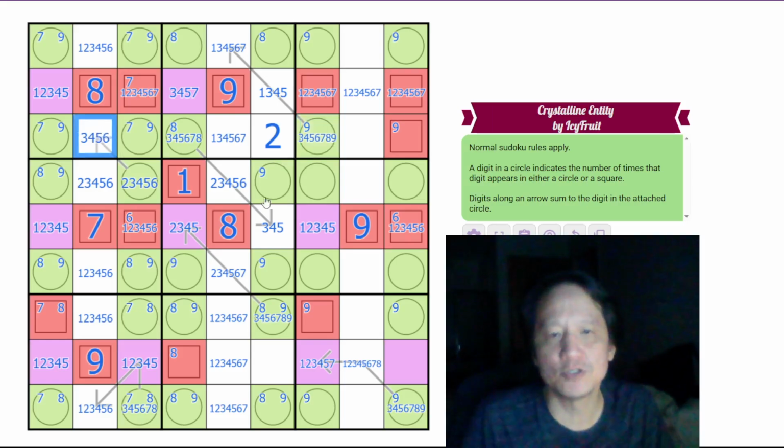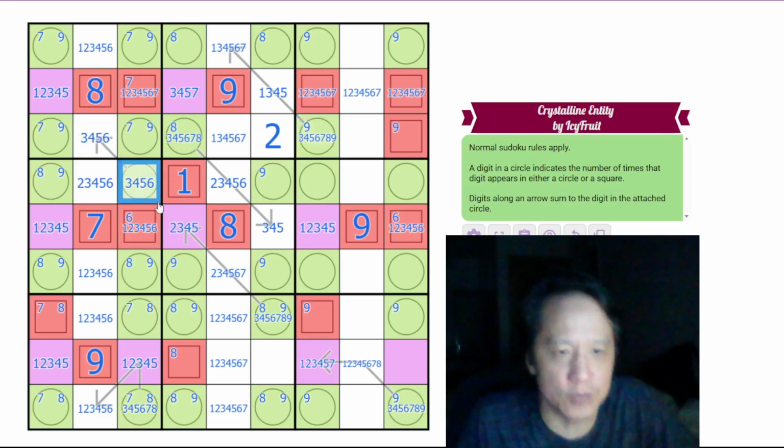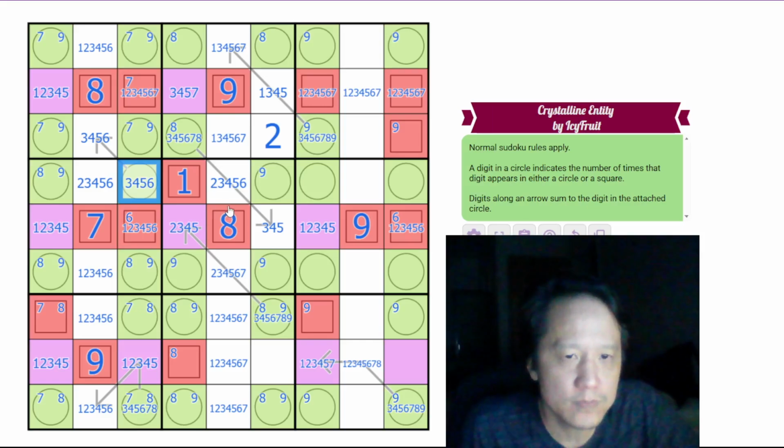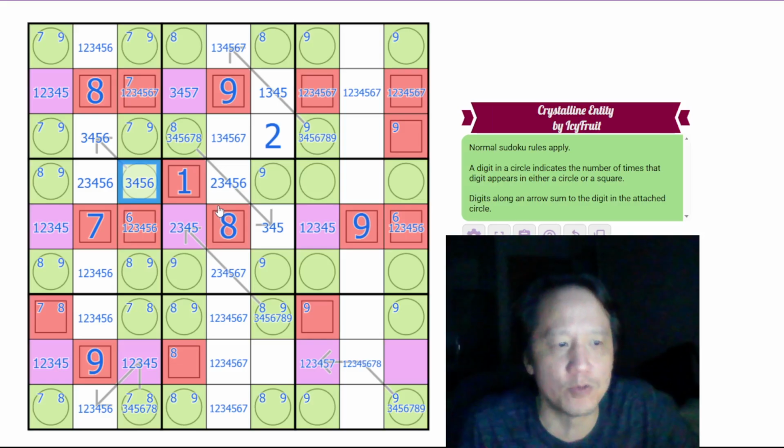This cannot be 2 anymore, which means this can't be 2 here. 2 has to be in a circle somewhere, but we don't know where. It could be another one in a square, so that should be okay.